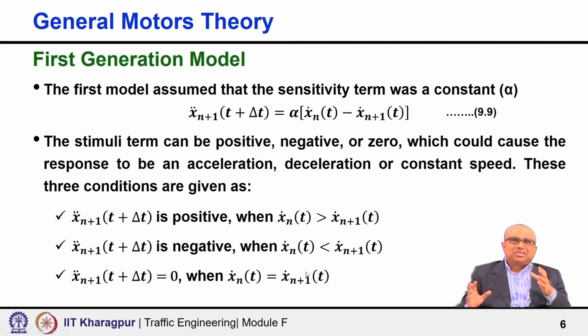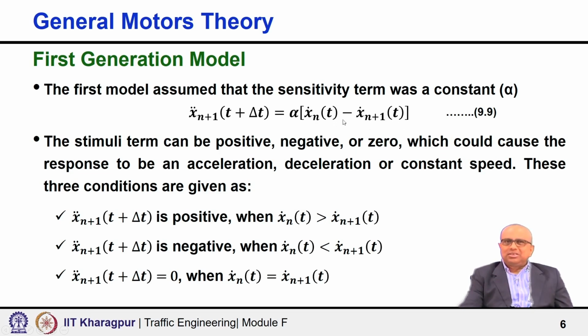Now, the first General Motors model, we can write it like this. The stimulus is the relative speed, x dot n at time t minus x dot n plus 1 at time t.